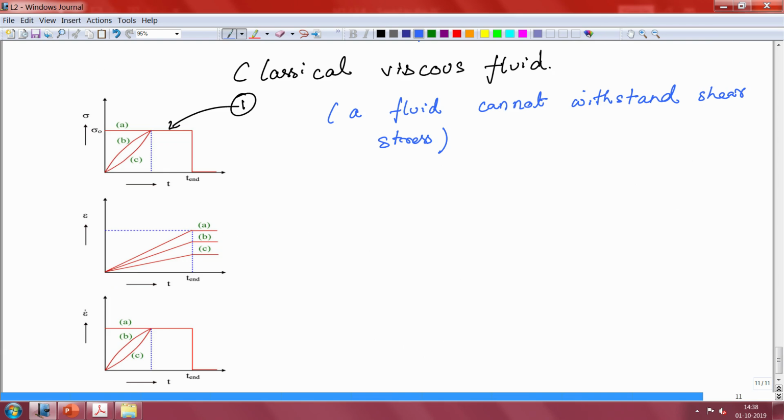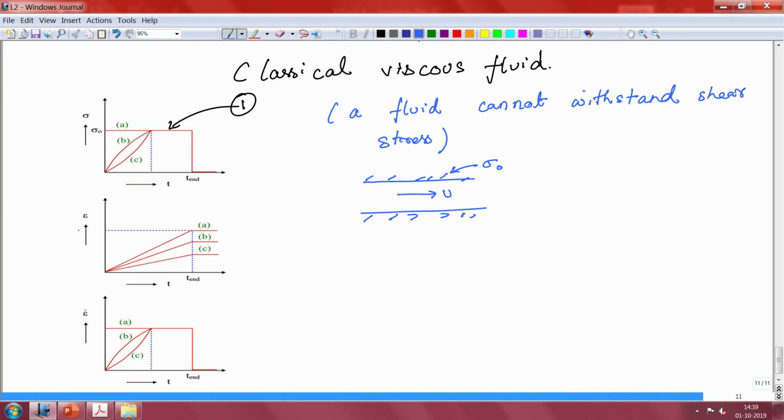So, imagine a parallel plate situation where you are applying your sigma naught. So, the fluid initially is at rest, but will immediately start to flow in response to this.